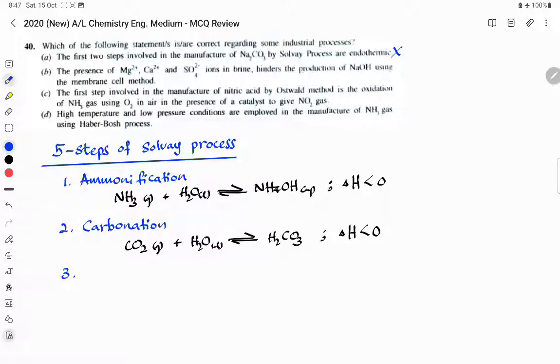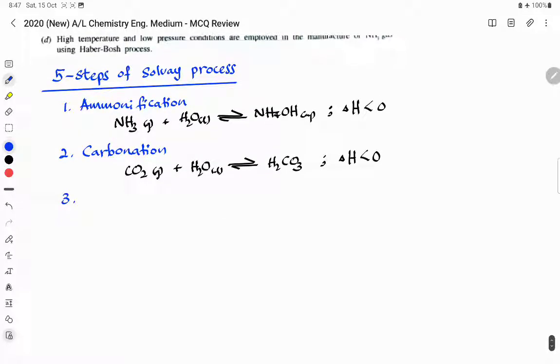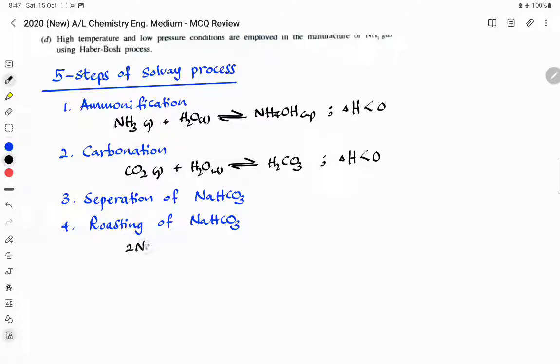Just remind the 3 other steps. The third one, separation of sodium bicarbonate. Fourth one is roasting of sodium bicarbonate. Here we get sodium carbonate. Roasting of sodium bicarbonate to obtain sodium carbonate.